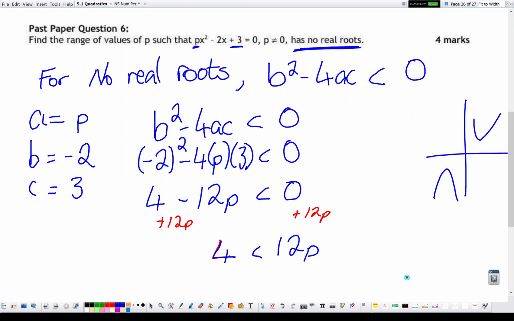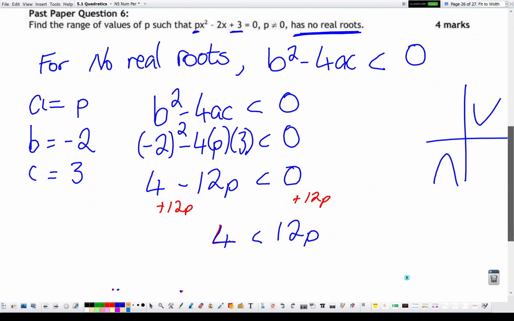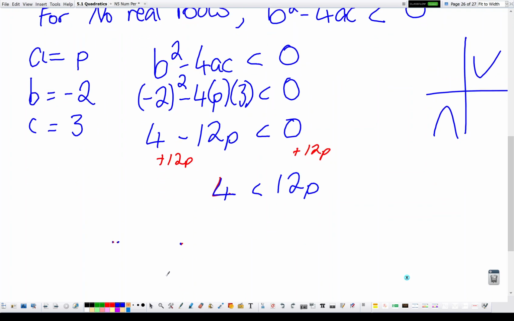And then all we do is divide by 12 on both sides to get our value of p. So that's going to be 4 divided by 12 is less than p. What is this fraction simplified? Divide top and bottom by 4. That's going to be 1/3 is less than p.